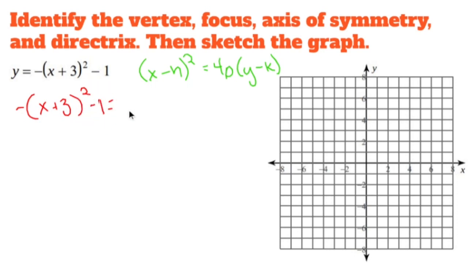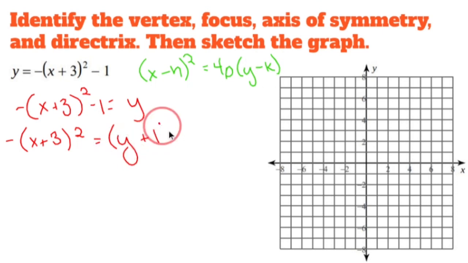Minus 1 is going to equal y. Okay, now what I need to do is get all the y stuff on the right side. So let's add 1 to both sides. So negative x plus 3 squared, so now I have y plus 1. Let's throw a parentheses around that just for funsies.